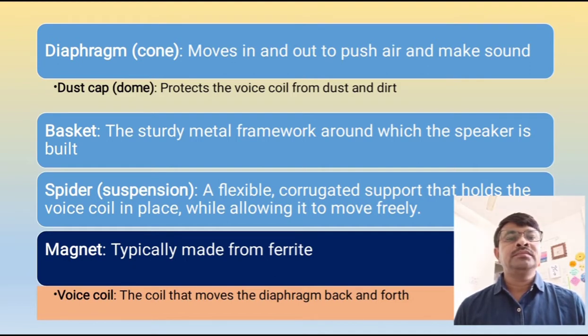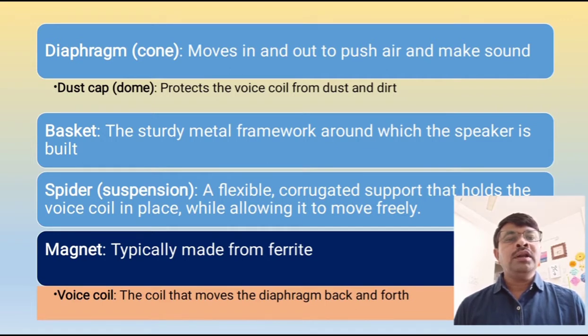Magnet. Typically it is made from ferrite material, and generally a pot shape magnet is used, and its function is to provide the strong magnetic field to the voice coil. Voice coil, it is the important component.